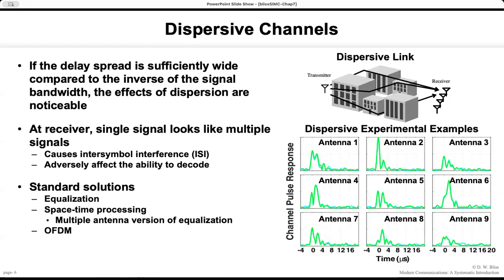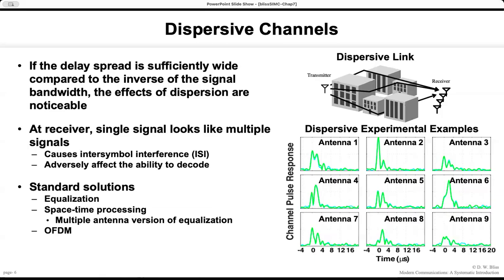So that's interesting. The other thing that we see here is that there's a wild fluctuation from antenna to antenna, even though they're a very short distance apart. And so what that indicates is that the signal at some given relative delay actually has multiple paths coming into it.